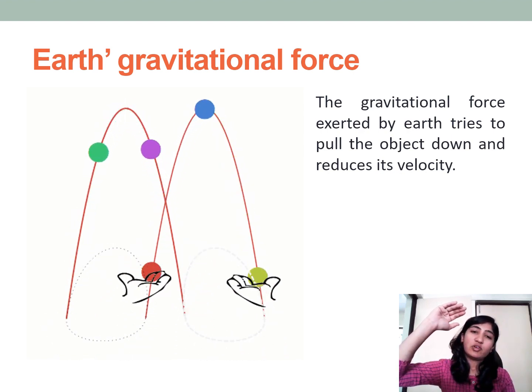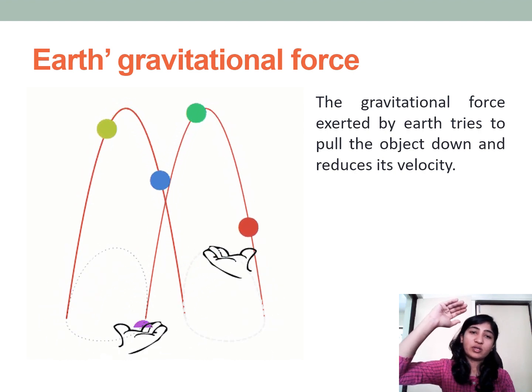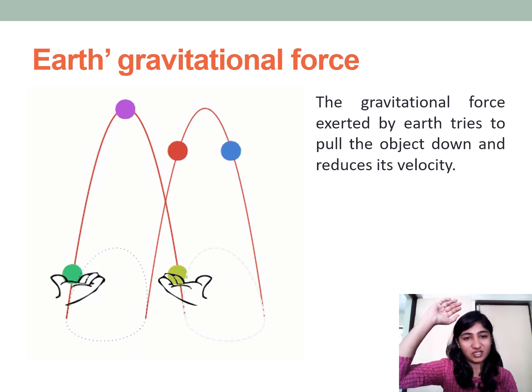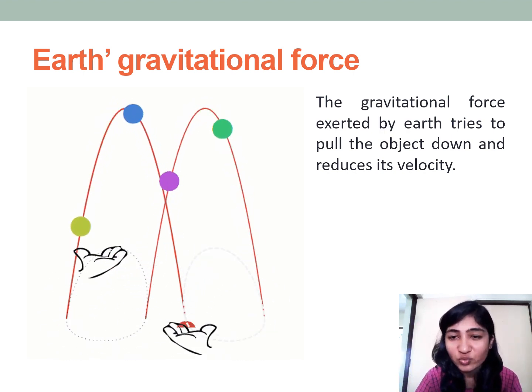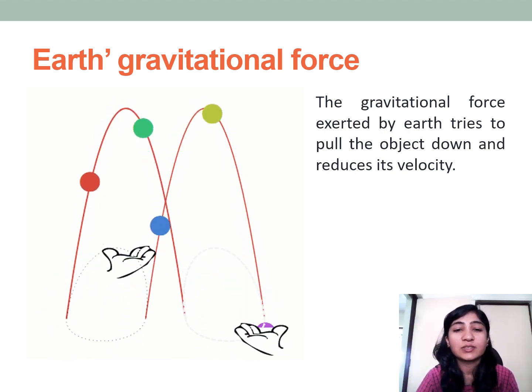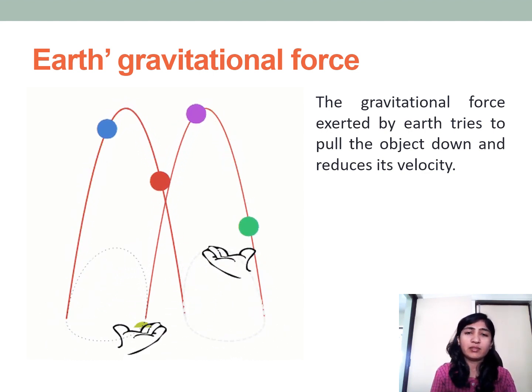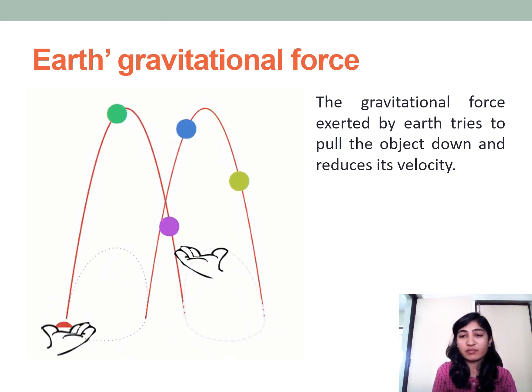At one point the velocity for an instant becomes 0 and the ball again comes downwards. So this is because of Earth's gravitational force. When we throw any object or any ball upwards, we give it some velocity.